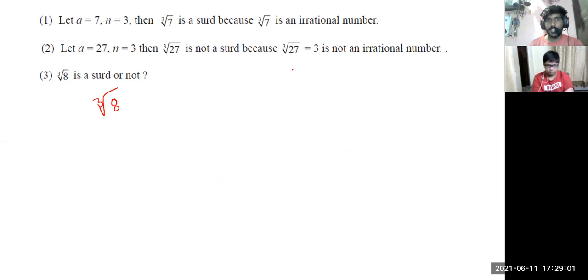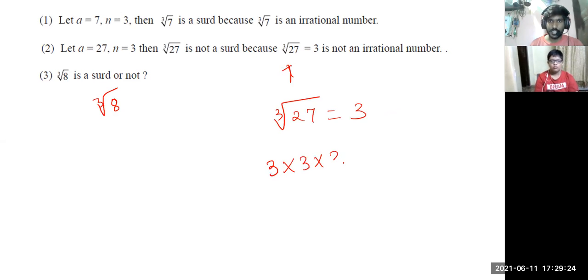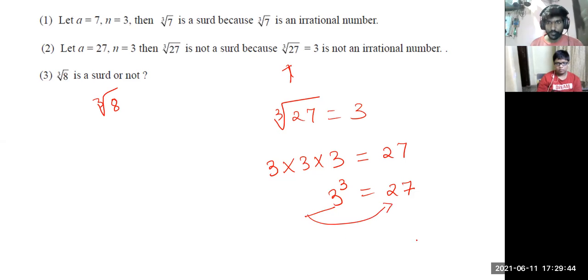Let's see this example first. Cube root of 27, can you tell me why this is 3? If you multiply 3 into 3 into 3, what do you get? 27. That means 3 cube is equal to 27. That is why we can also say, since 3 cube is 27, cube root of 27 will be 3.